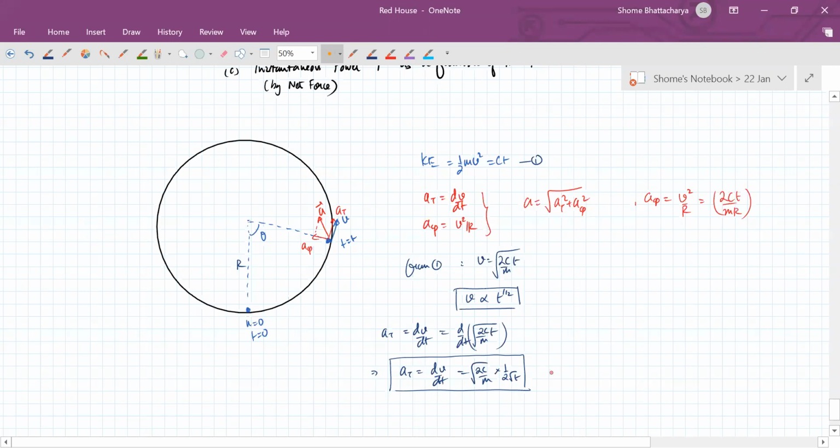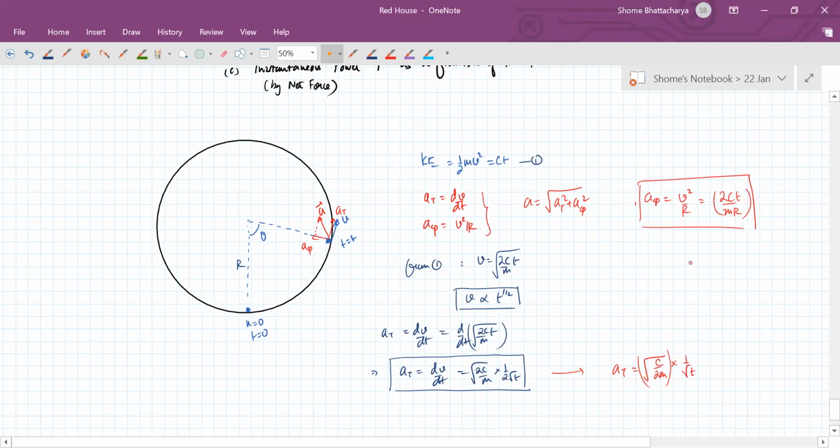And just now we saw that the tangential acceleration, we can write this now as square root of c by 2m, like this, is a constant.